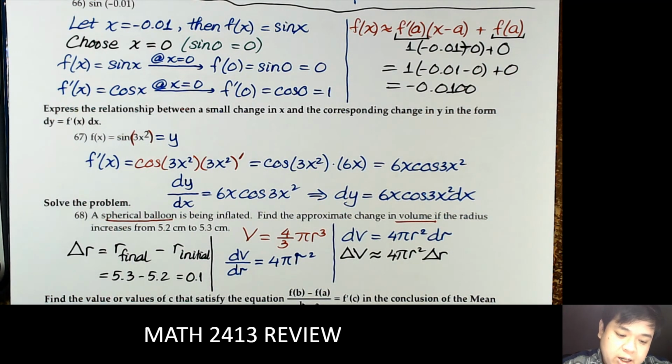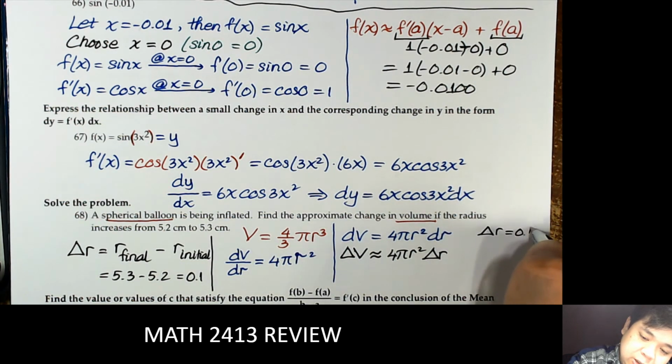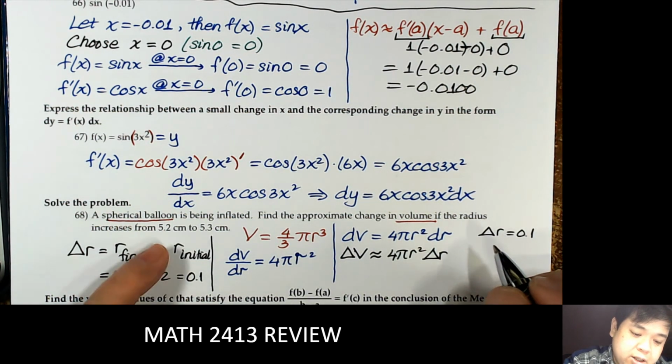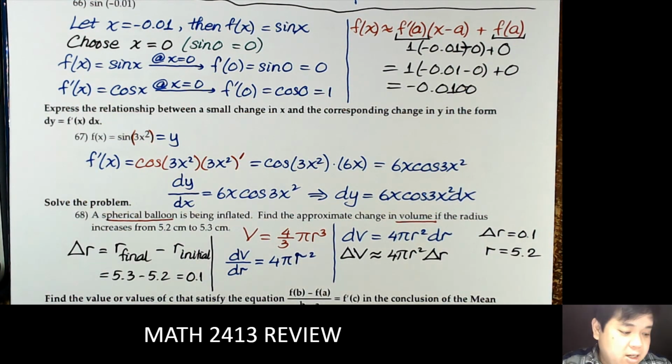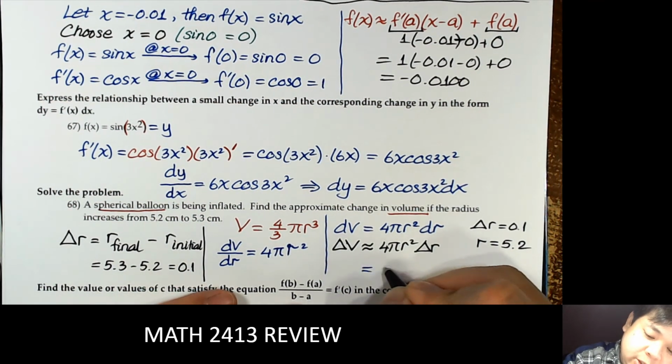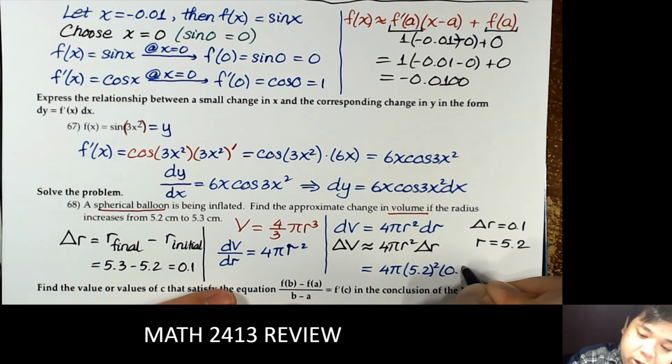So delta r is 0.1. And then r is 5.2. Put this in this equation. We should have 4 pi times 5.2 squared times 0.1.